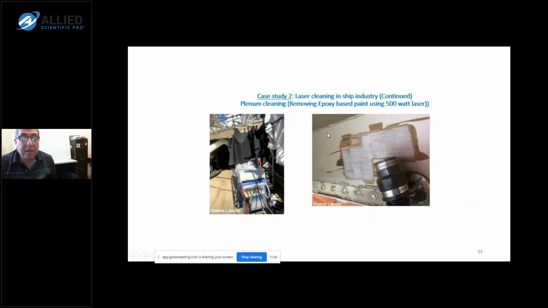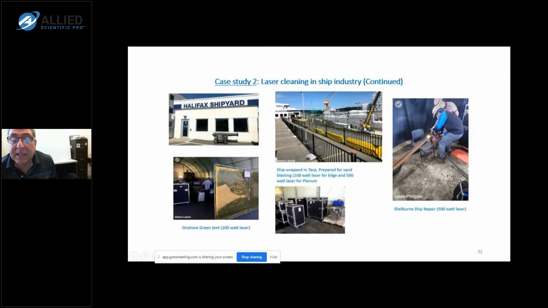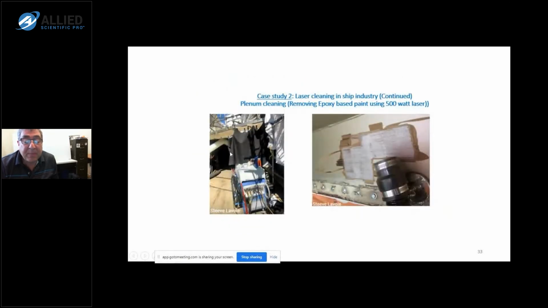One thing that was cleaned was the plenum of the ship. And I'll show you where the plenum is. You can see there's a raised structure here. This is an area for air circulation and heating and air conditioning. Basically, what we did was we kept the 500-watt laser outside on the deck, and the 22-meter fiber went into the plenum and started to clean different paints.